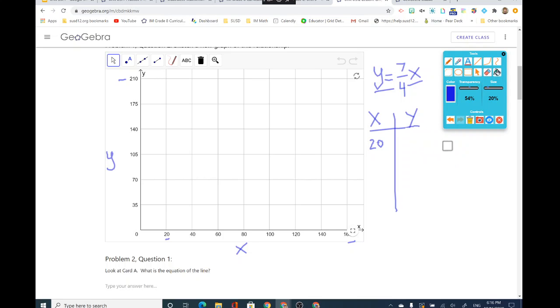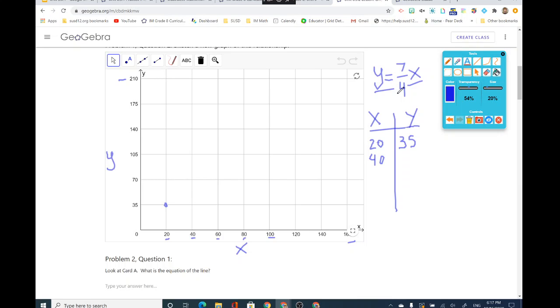And you saw how I did it. You can do it on your paper. When x equals 20, y equals 35. Let's plot that point. Oh, beautiful. Fits right there. Okay, next, 40. I'm just using these points down here. When x equals 40, what is the y going to equal?